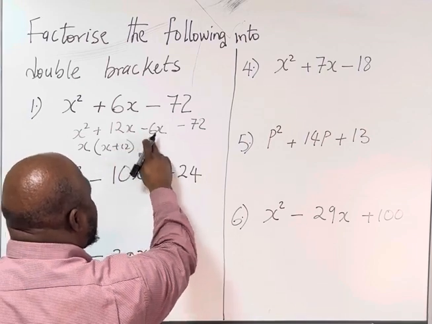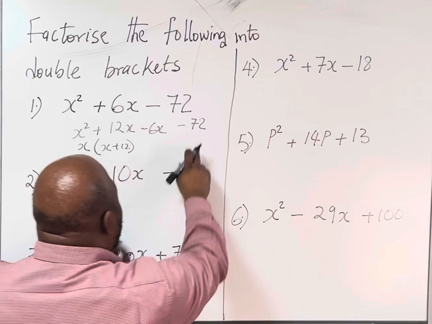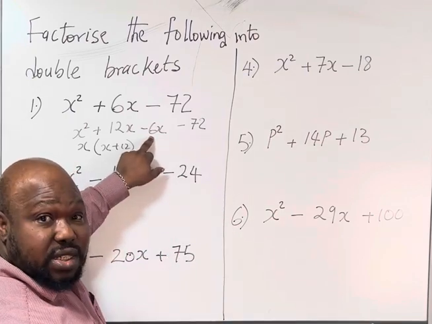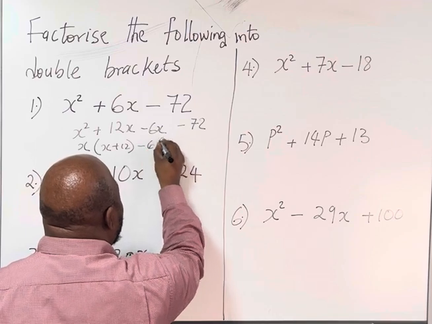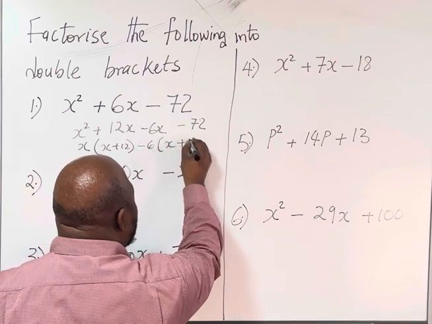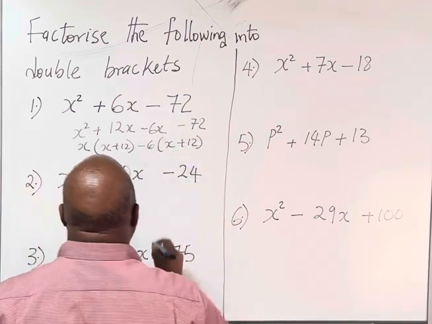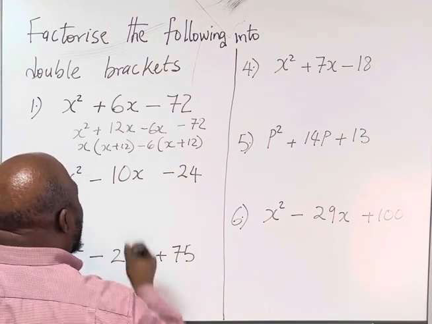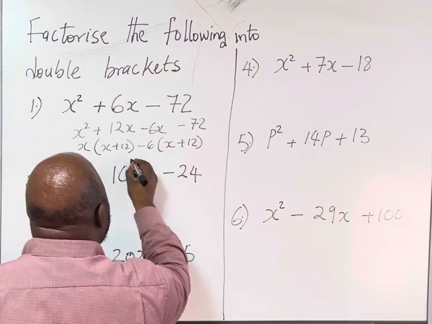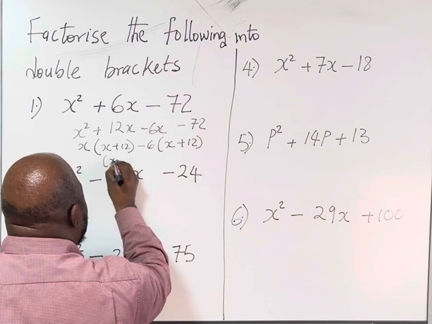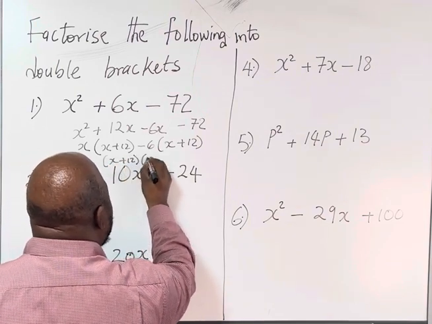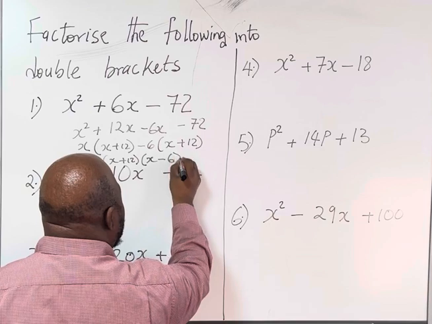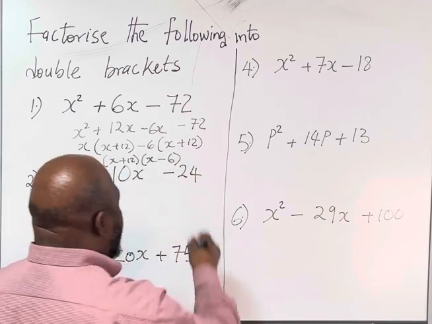When you factorize out minus 6, you also have x plus 12. So your two values will be (x plus 12)(x minus 6). That will be the first one.